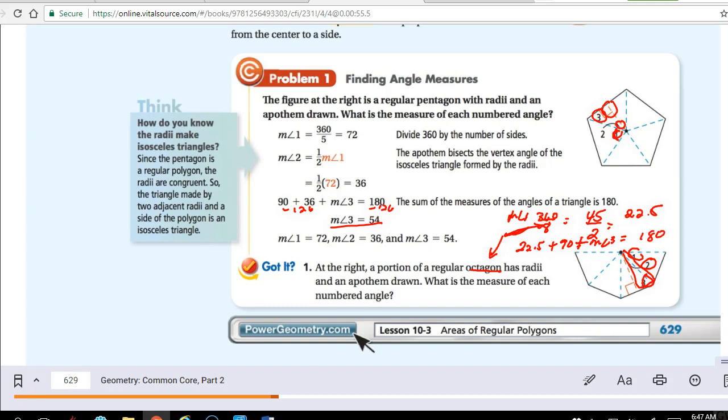So 90 plus 22.5 is 112.5. If I subtract that from 180, 180 minus 112.5, I end up with 67.5. So this angle right here is 67.5.